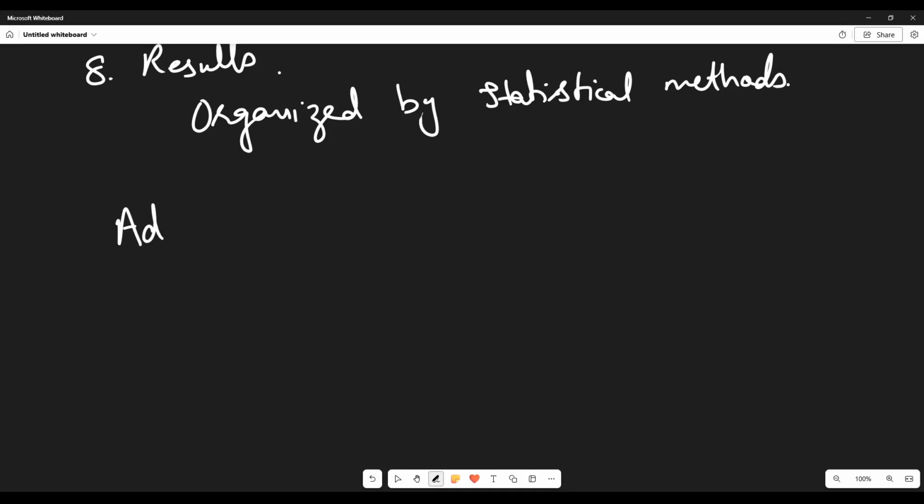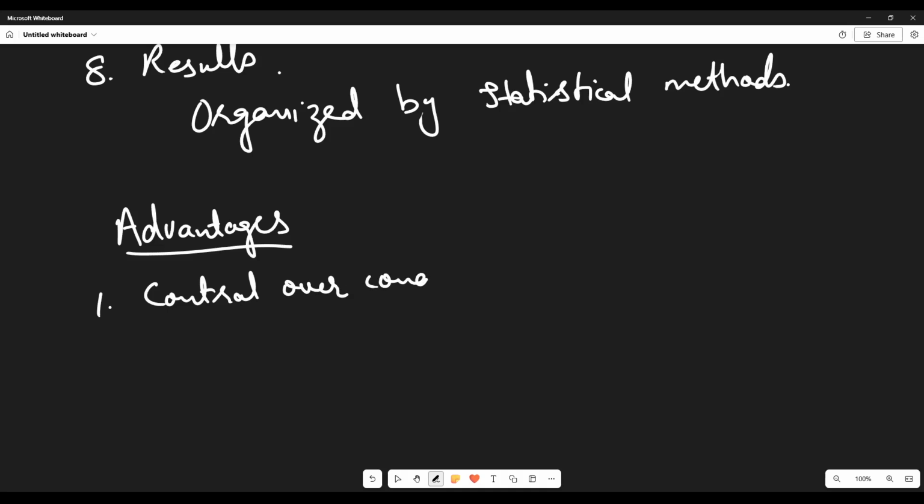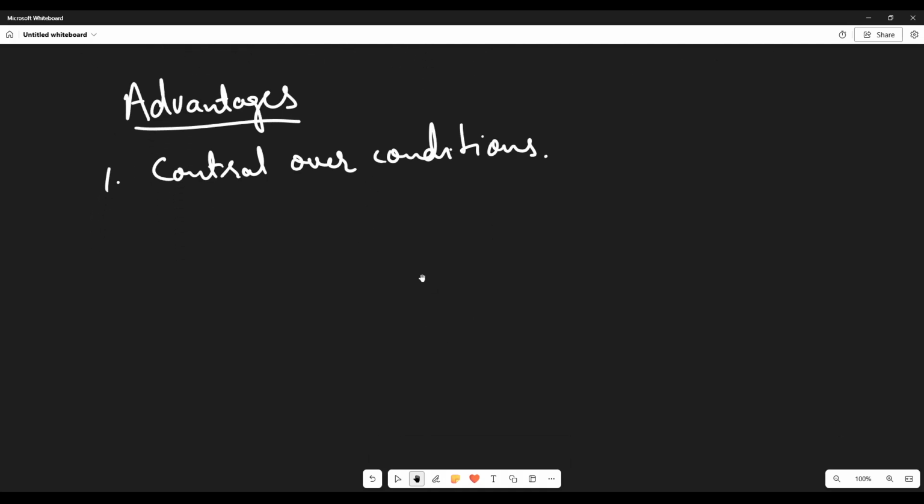Now we shall take a look at some advantages and disadvantages of the experimental method. Experimental method gives control over conditions, so it is easy to predict that the results are due to our independent variable.